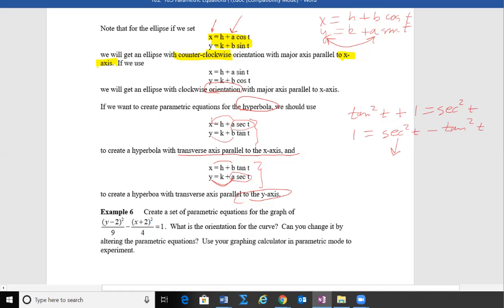So if I start with, say, x minus h, for example, x and h go together, and this would be an a, then this would give me the other one, y minus k squared over b squared, and you know it's equal to 1.